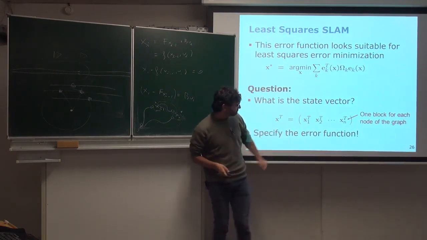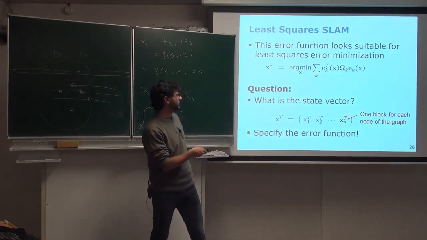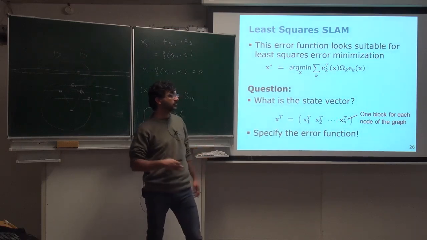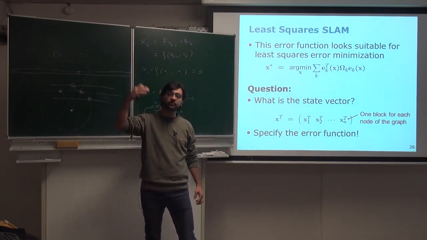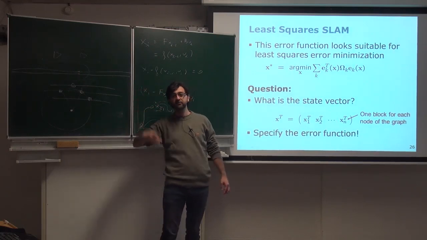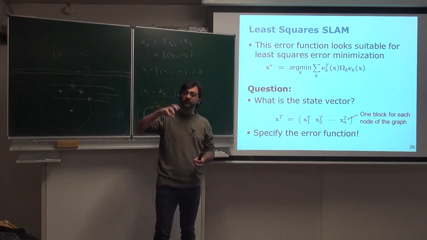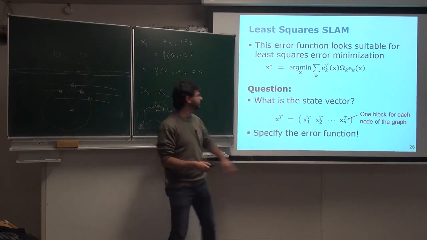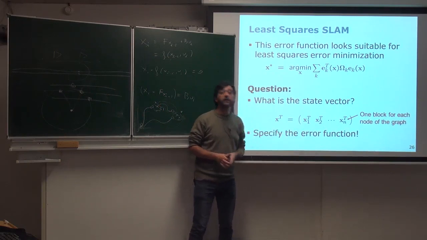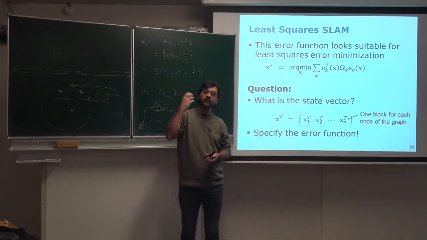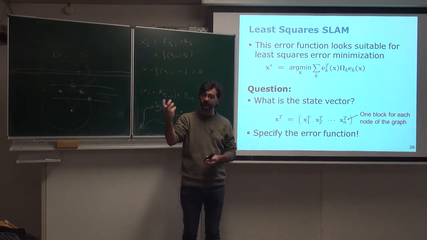And one block is, according to whether you are in 2D or 3D, x, y, and theta, or x, y, z, and the triangles. This also depends on how we want to represent the orientation, but in principle, for each xi we have a way of representing the parametrization of this specific pose of the robot in the world.